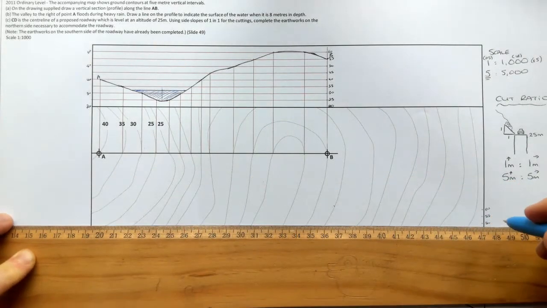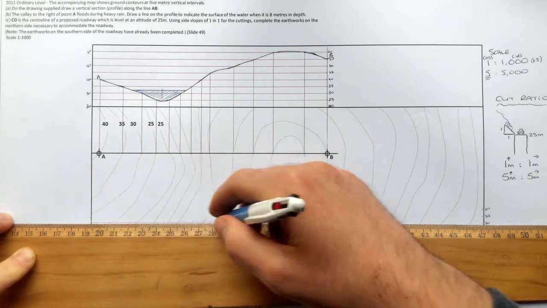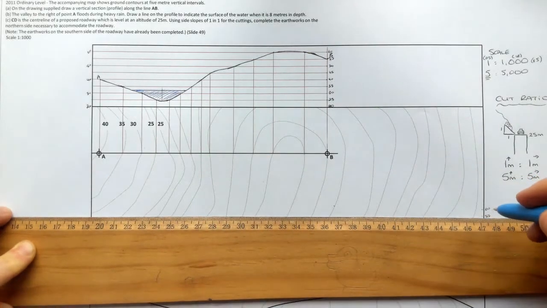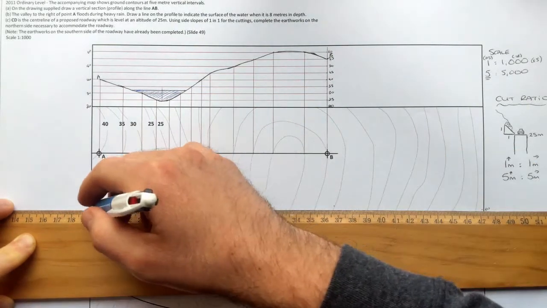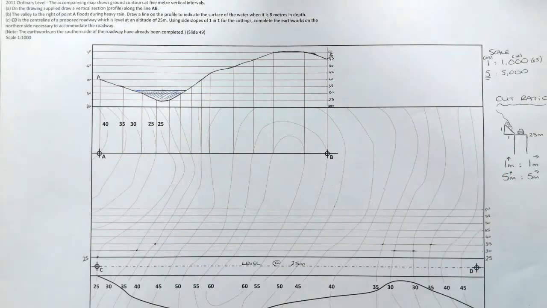Providing you're tidy, it won't make a difference to any of your marking, okay, but you'll see, having put in my contour lines parallel with the side of the road here, as I'm cutting away from the road, it's a lot easier for me now just to identify the points.